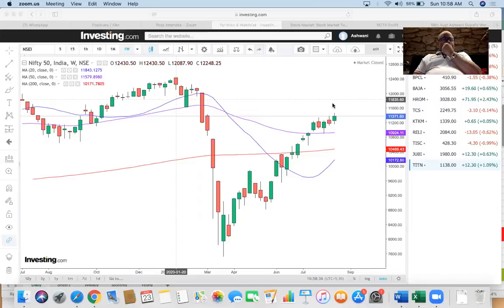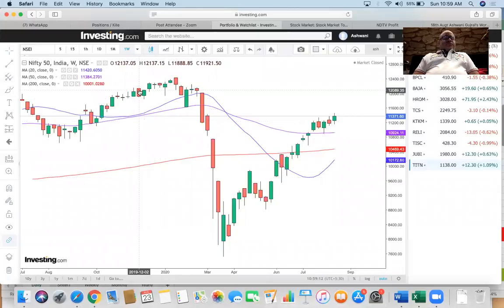And if we start moving up, I think we should now be trying to hit, basically this is a resistance level that we have been facing, 11,430. In case 11,430 is crossed, the next level for us could be, okay.